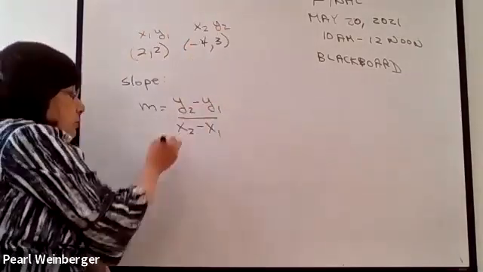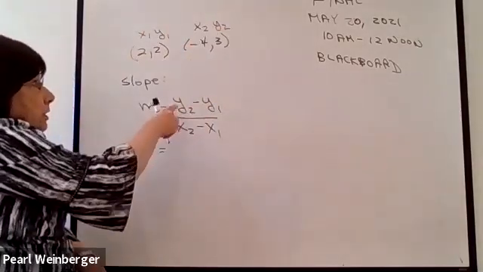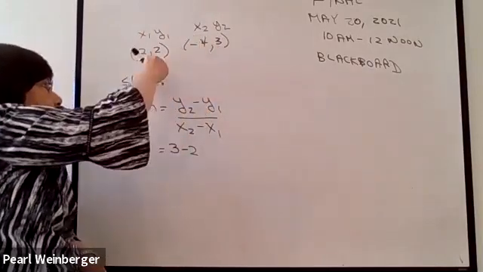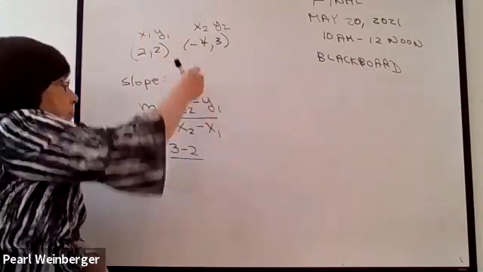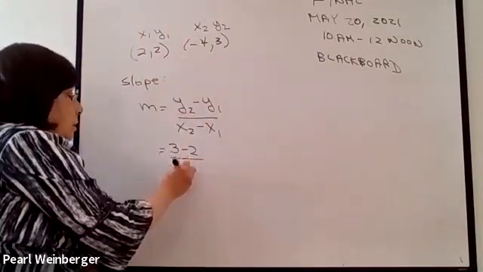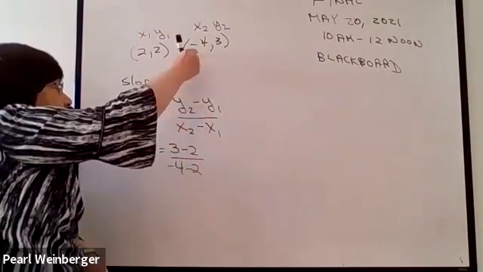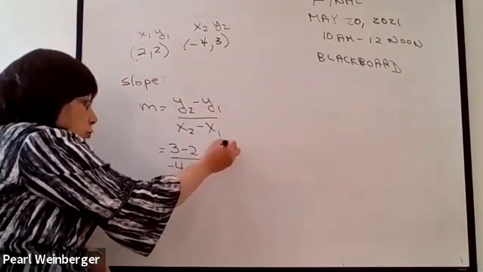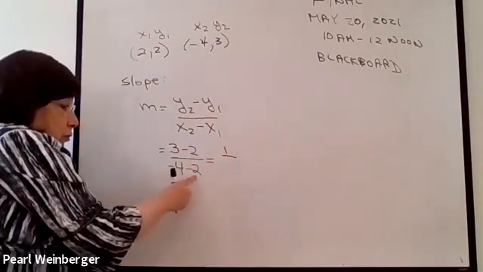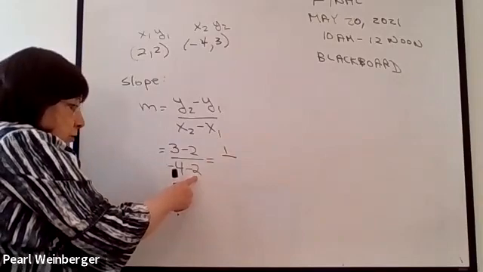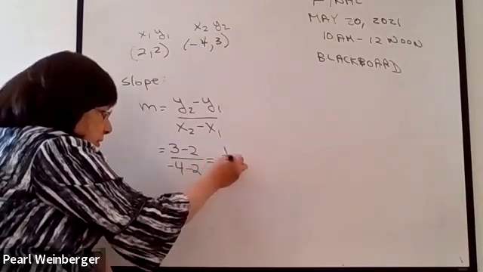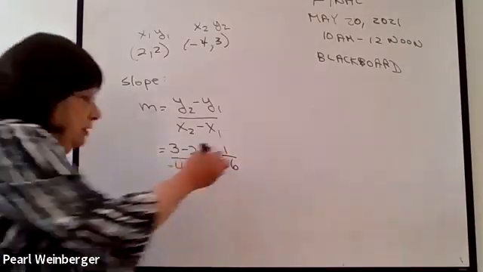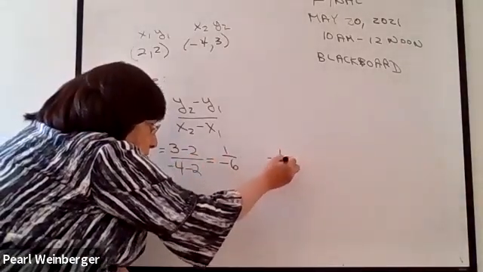If I stick those numbers into this formula, I get 3 minus 2 (y2 minus y1) over negative 4 minus 2 (x2 minus x1). So 3 minus 2 is 1, and negative 4 minus 2 is negative 6. The slope of this line would be negative 1 over 6.